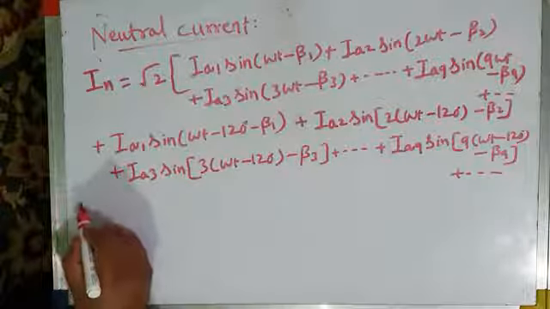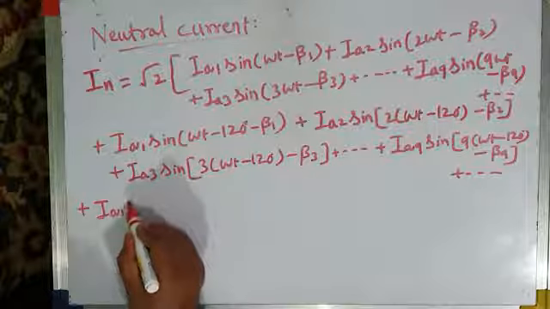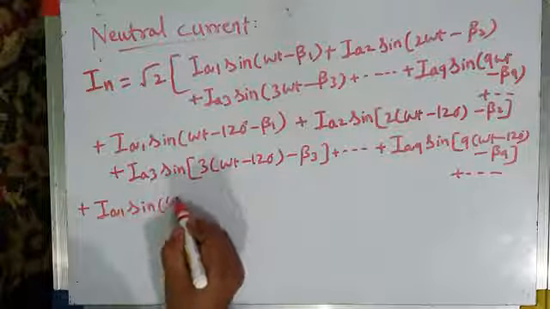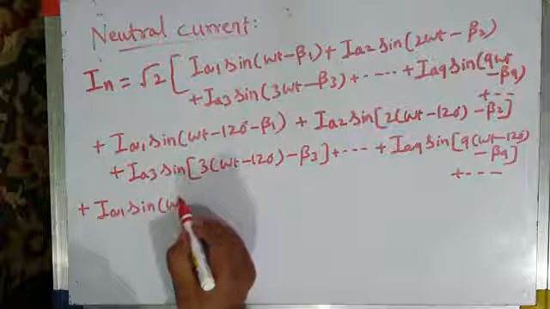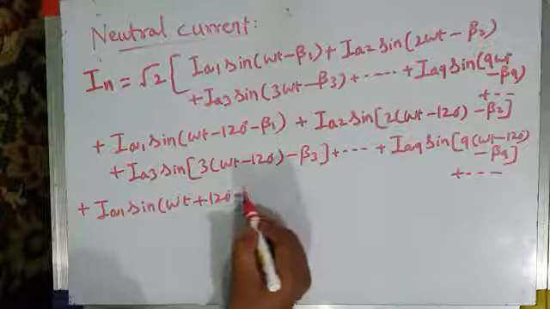Similarly, line C current will be IC1, which is equal to IA1 sine of, fundamental component is IA1 sine of omega t plus 120 degrees minus beta 1.